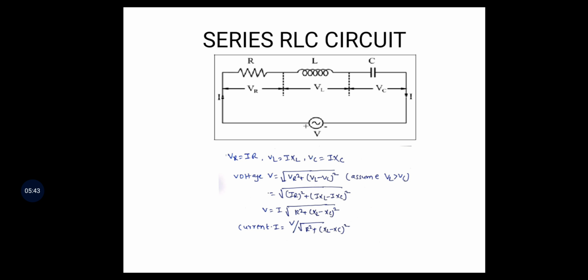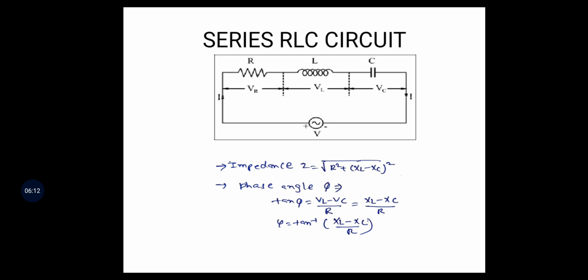So by Ohm's law, current I equals V by Z, that is, I equals V by the square root of R squared plus XL minus XC whole squared. So voltage is the square root of VR squared plus VL minus VC squared, and current I equals V by the square root of R squared plus XL minus XC whole squared.